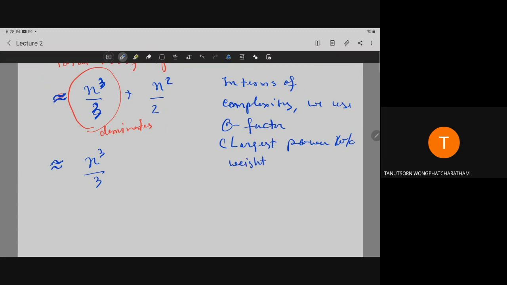In this case, the weighting term is 1/3.